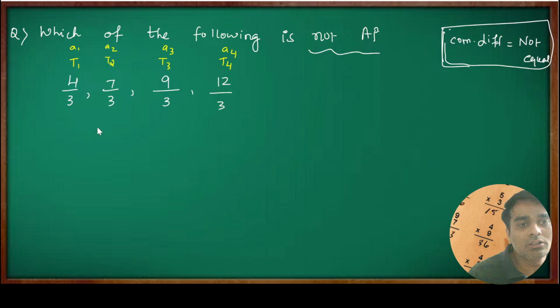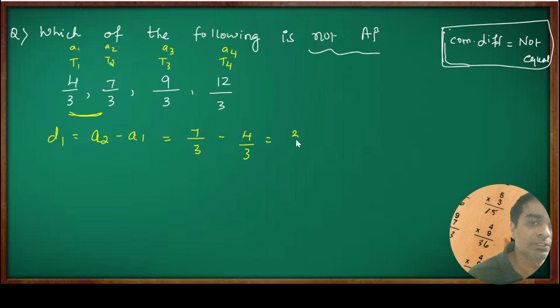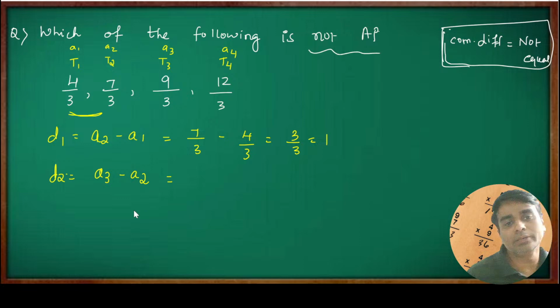Now for the common difference, I will find D1, the first common difference, between these two: term 2 minus term 1. So term 2 is 7 by 3 minus term 1 is 4 by 3. This gives me 3 by 3, which is equal to 1. Likewise, I will find D2, which will be between A3 and A2: A3 minus A2.